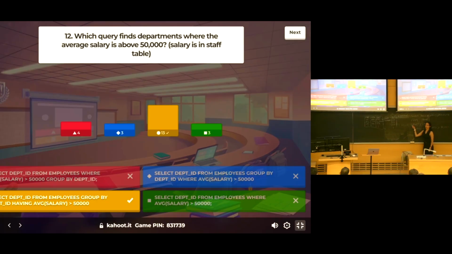Okay. So when I ask you, can I include, let's say, employee ID in my select statement? If you don't know the answer, doesn't matter. Just imagine you have employee ID here. As I mentioned before, when you don't know the answer, just imagine what the result should look like.